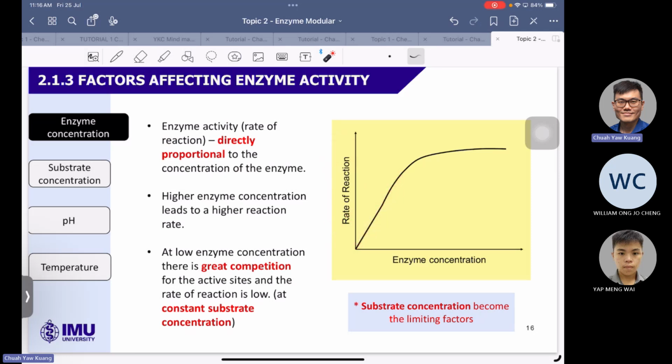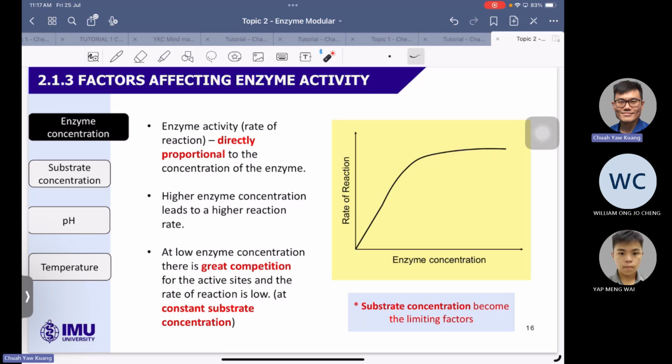So in theory, the graph should keep on increasing. It shouldn't level off. So that's the relationship. As long as you increase the enzyme concentration, it is going to increase the rate of reaction. Then how come it levels off? Later we will talk about that.